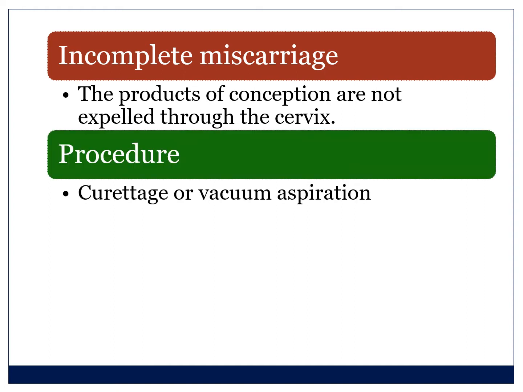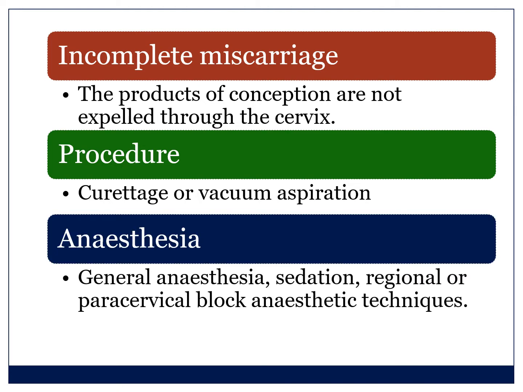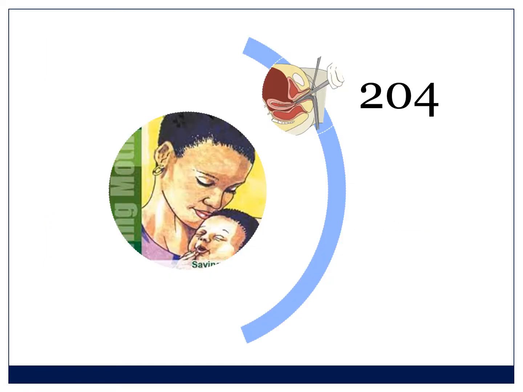The procedure we're going to be looking at is curettage or vacuum aspiration. And the anesthetic techniques, I'm going to be focusing mainly on sedation, a little bit on general anesthesia, and I'll mention regional or paracervical block anesthetic techniques, but I'm not going to spend a lot of time on those particular techniques.